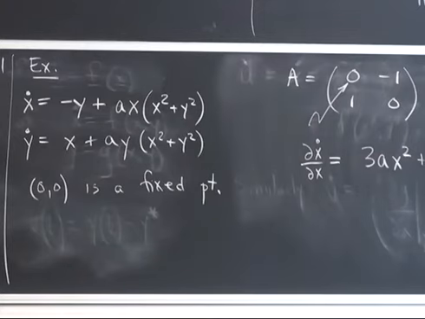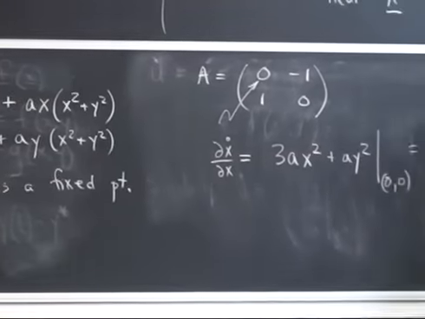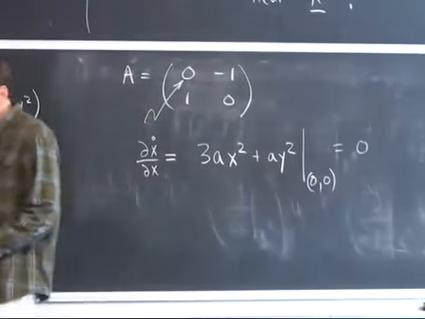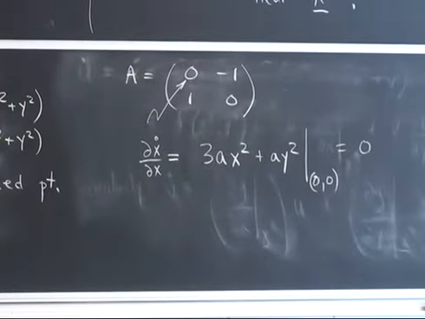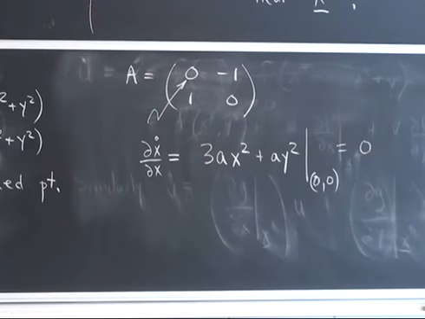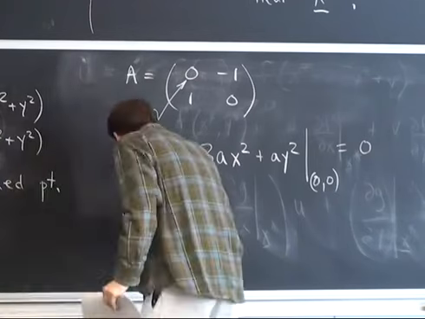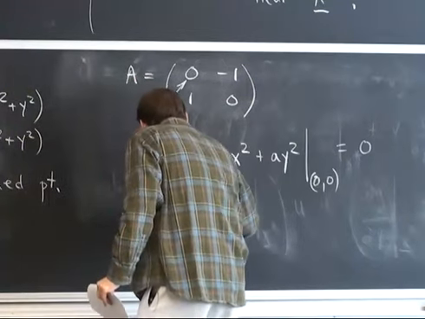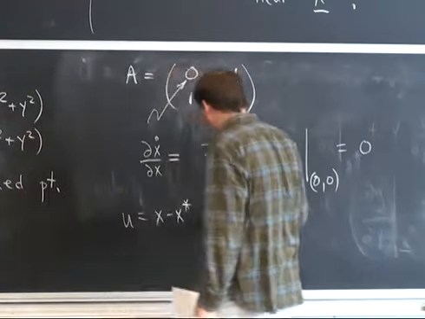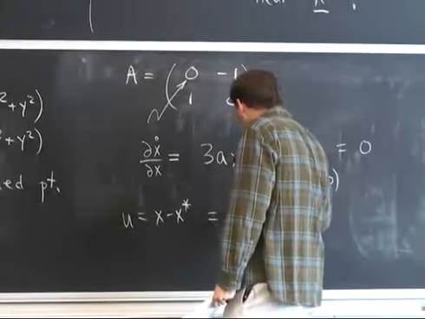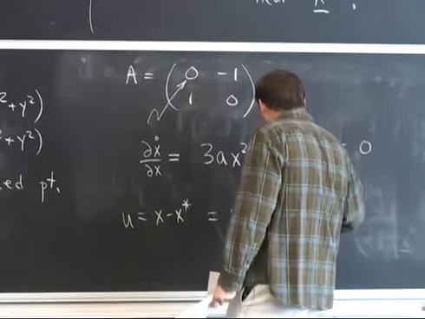The other way you could instantly see what the Jacobian is is just by thinking about what the Jacobian means. Remember, it's supposed to be the linear part of the vector field. And here, when we're linearizing about the origin, we earlier had this notation that u is equal to x minus x star. But if x star is 0, u is just equal to x.